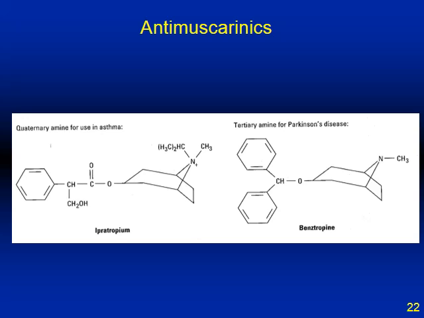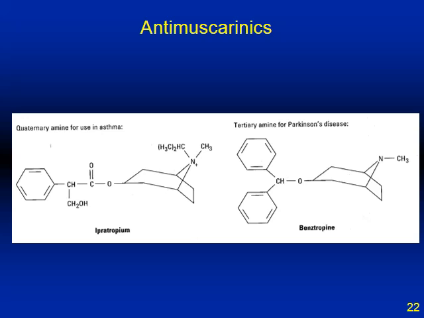But do you predict a lot of systemic effects with a drug like ipratropium? Well, if you look at it, it's positively charged. You're giving it through inhalation. Not too much of it should really be absorbed systemically. So it shouldn't have too many systemic effects when it's given for treatment of a respiratory condition like asthma, compared to a drug that could be absorbed systemically.